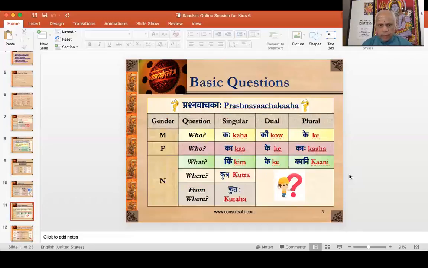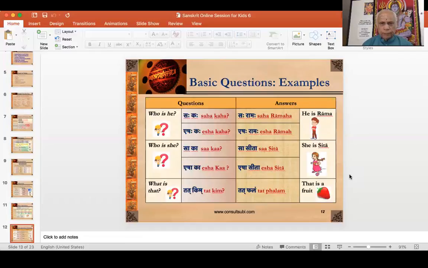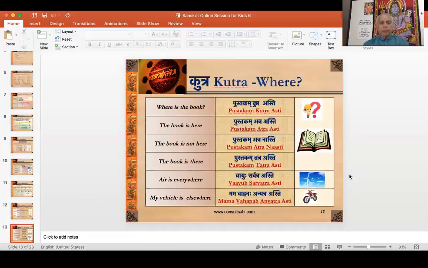Okay, let's go further. Kutra is where. If I have to ask you, where is the book? A simple translation into Sanskrit. Pustakam kutra asti. Where is the book? Pustakam means book. Kutra is where.